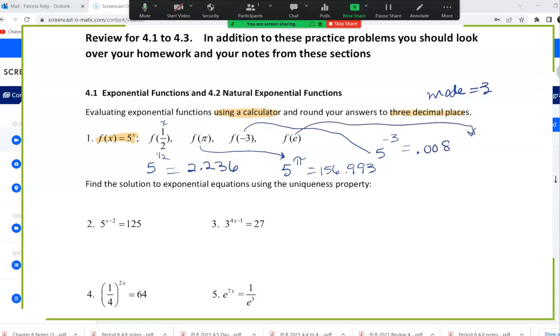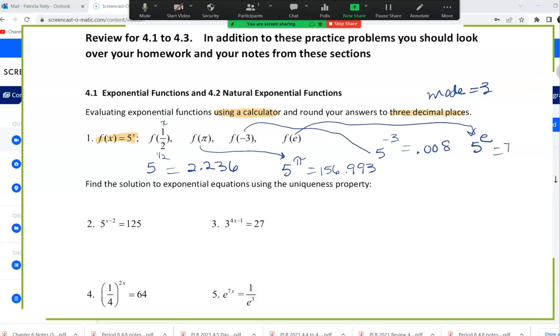And the last one is 5 raised to the e. So that's above the ln key. Let's clear that first. Okay, 5 raised, and then you're going to say second ln, and then put that to the first power and hit enter.